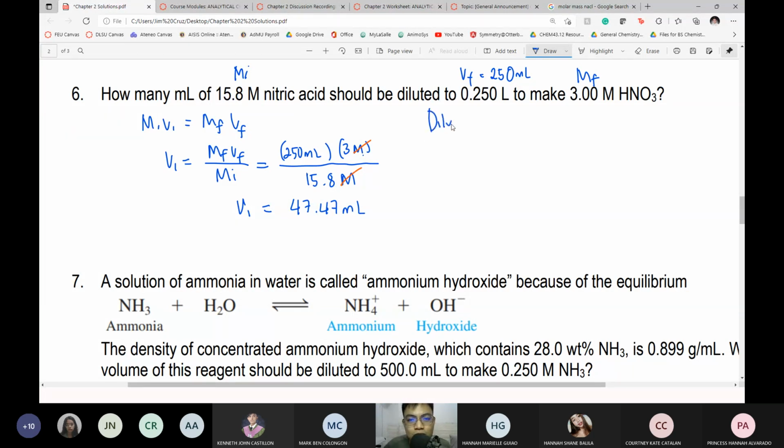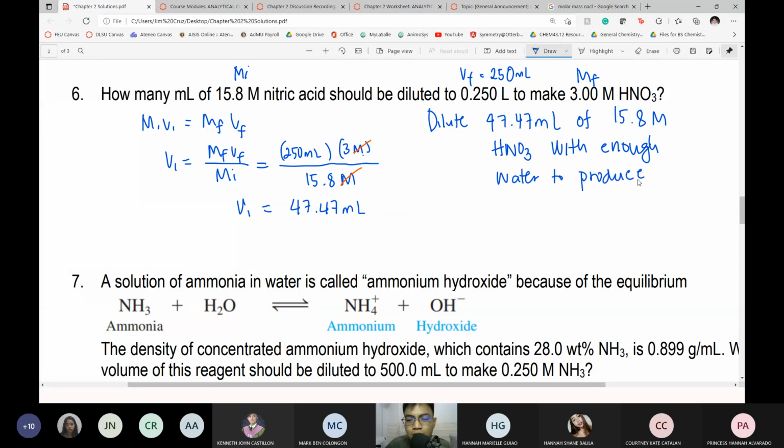So, sabihin nyo, dilute 47.47 ml of 15.8 molar nitric acid with enough water to produce 250 ml of 3.0 molar nitric acid. So, ganyan mag-type ng answer.